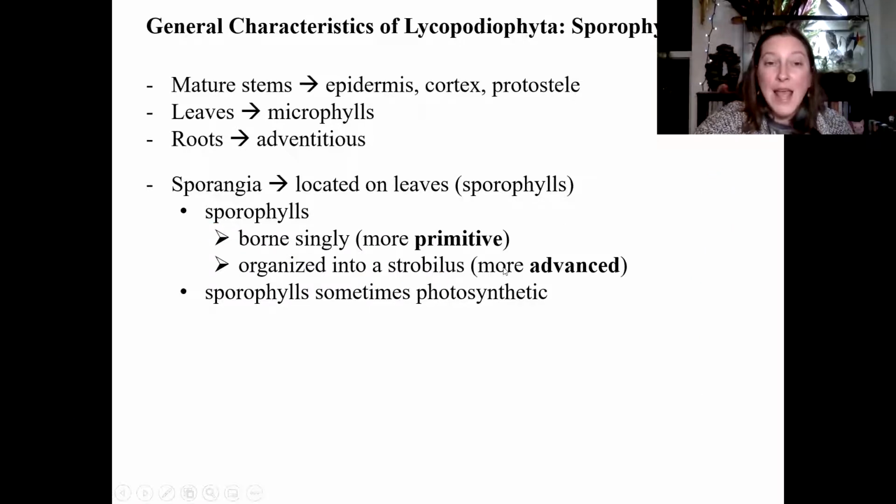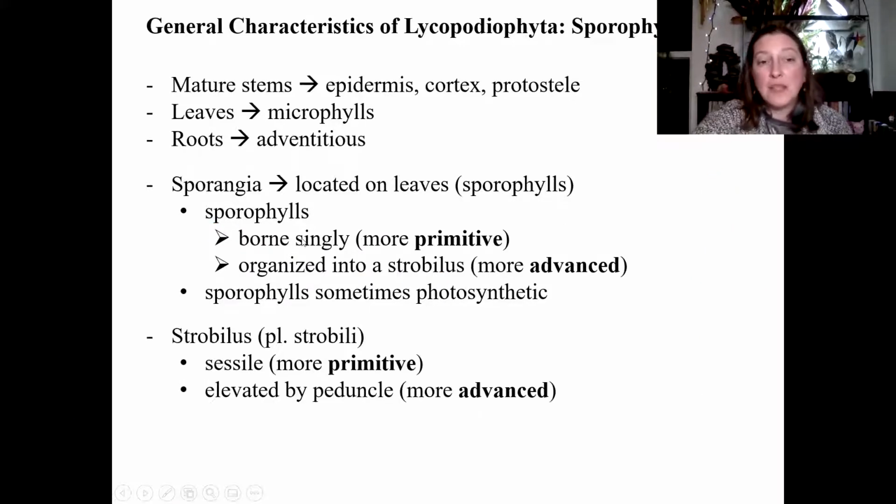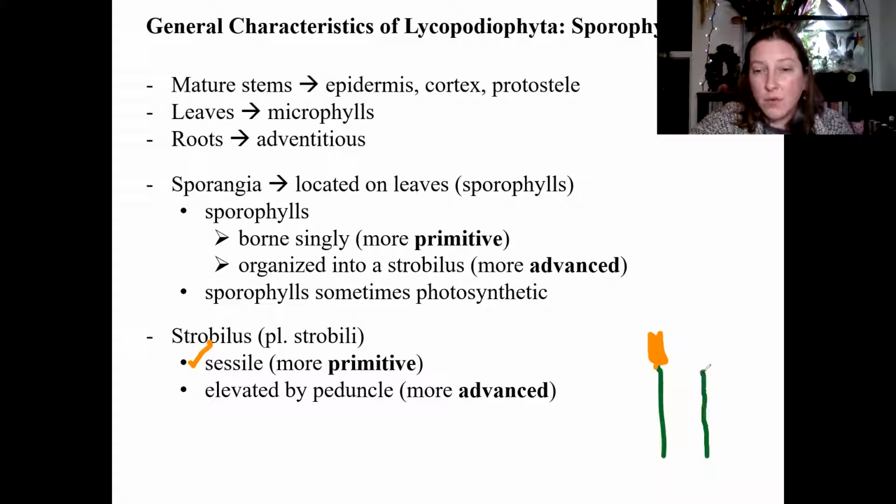Hopefully that helps. In addition, sometimes the strobolus can be elevated by a structure called a peduncle, and other times it is not. So if the lycopod looks like this, and the strobolus is just attached to it on the top like that, we call that sessile, and that's the more primitive state.